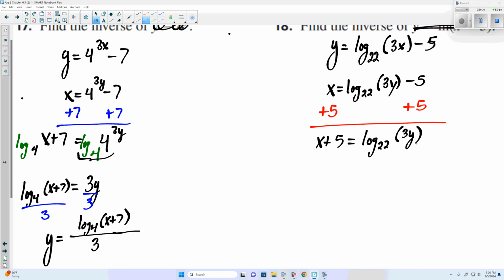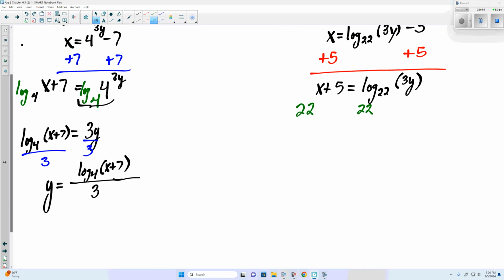What can we do next? We need to put it in exponential form, yes? Because the log's by itself, so now we just need to switch over to exponential. We can do that by our switching method, which we've done before, or we can put what base to both sides? 22. And the reason we picked 22 is because 22 to the log base 22 of 3y makes the right-hand side just 3y.